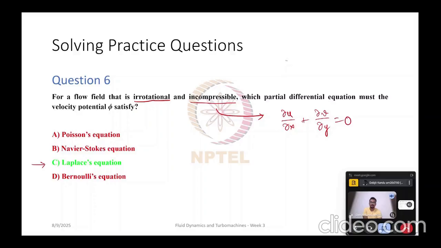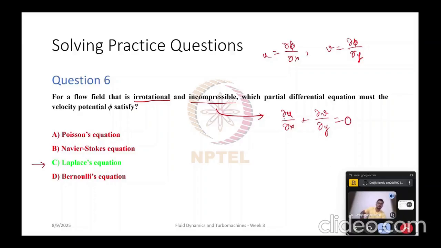And once again, let's revise the definition of phi, that is u equals ∂φ/∂x, v equals ∂φ/∂y.